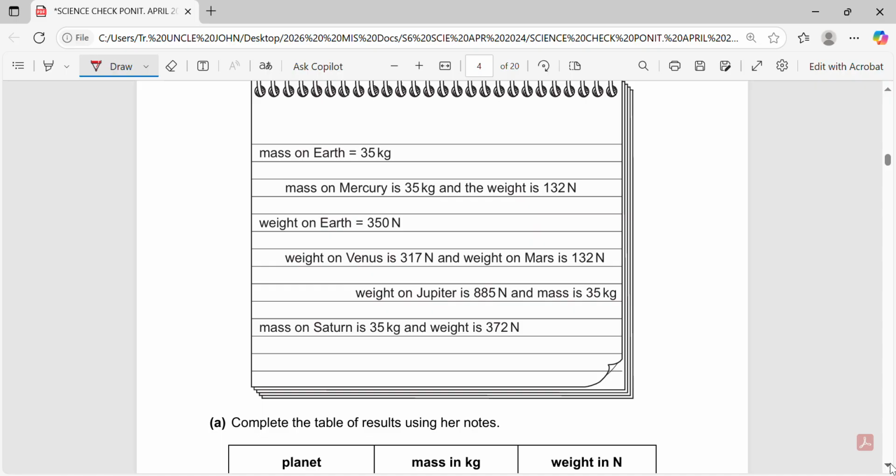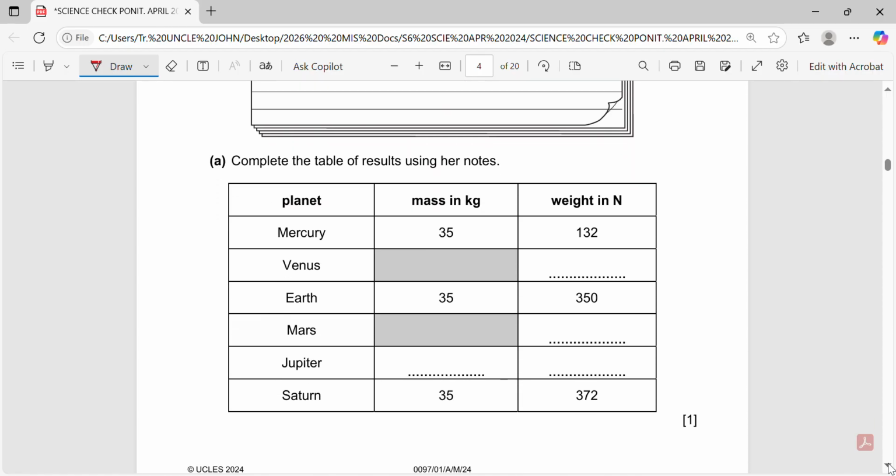The weight on Earth is 350 newtons. The weight on Venus is 317 newtons and the weight on Mars is 132 newtons. The weight on Jupiter is 885 newtons and mass is 35 kilograms. Mass on Saturn is 35 kgs and weight is 372 newtons.